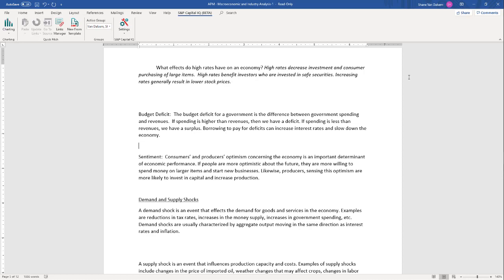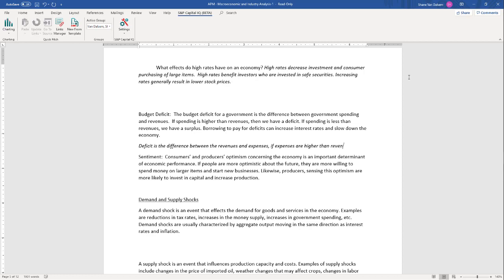One thing to keep in mind here, because I hear people confuse these two concepts quite a bit, is the difference between the budget deficit and the debt for the government. The deficit is the difference between revenues and expenses if expenses are higher than revenues.